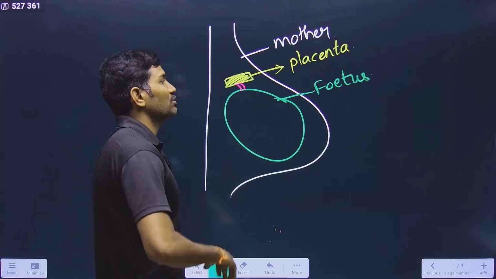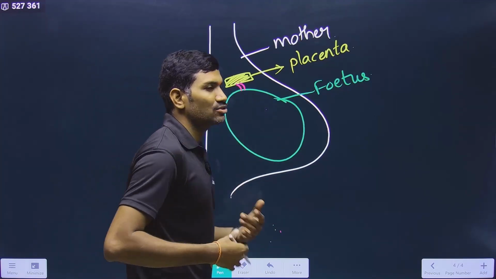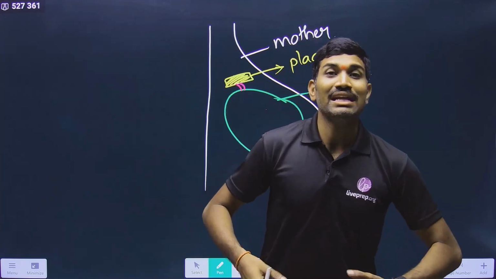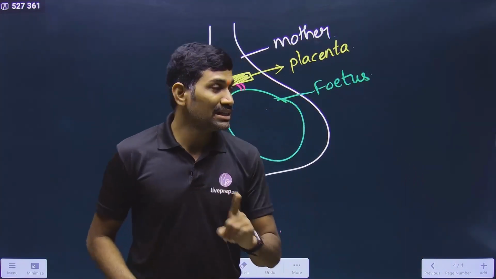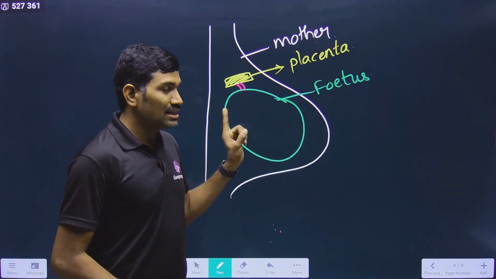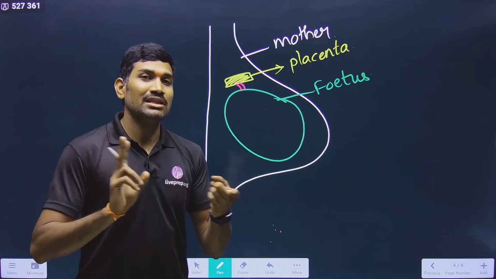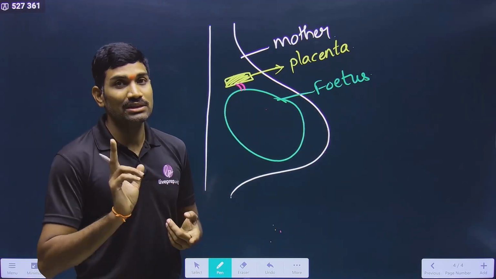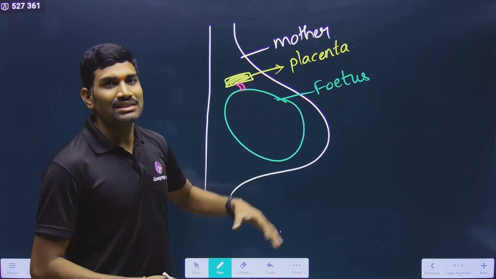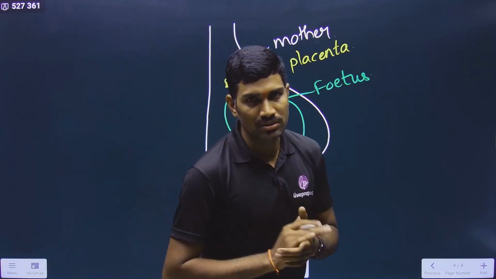Now please observe carefully. When this fetus is slowly developing, various organs will be developed. Please understand this concept. This concept is once again linked with the next chapter, body fluids and circulation. There once again I will tell the same thing, so please listen very carefully. The fetus is developing inside the mother's womb. Yes or no?